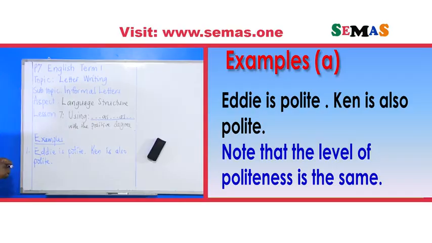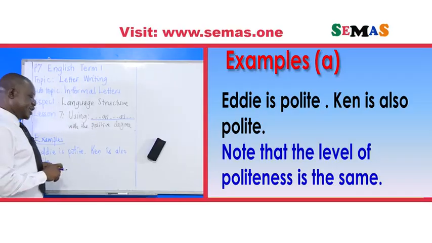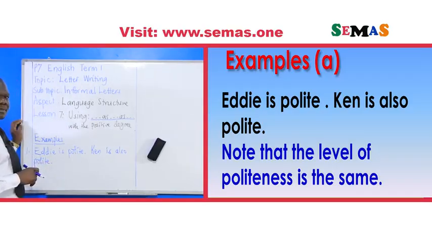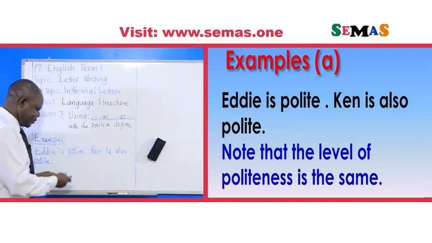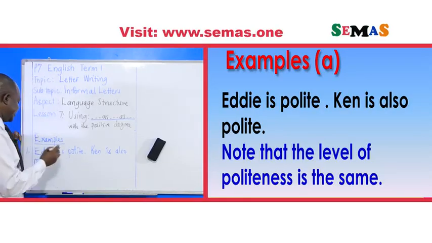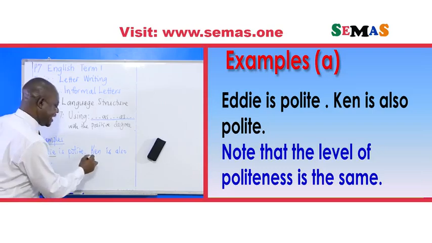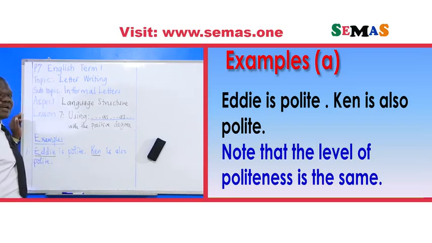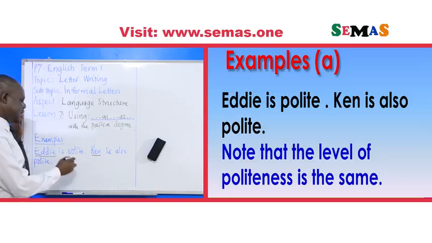What are the two nouns that we are describing here? Identify them for me. The first one is Eddie. The other one is Ken. And what is the describing word?